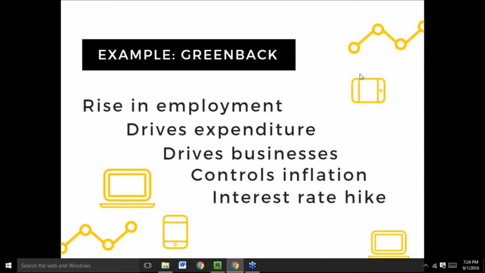Then we would look at that. But the same factor, a rise in employment, probably isn't as important to Japan. So it's important, but not as important. So we have to know which factors fit particular currencies and look at them every time they're released.